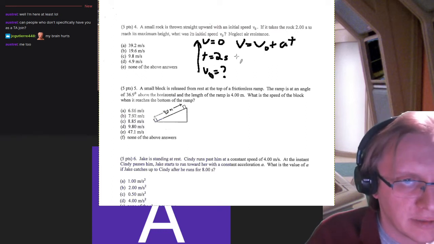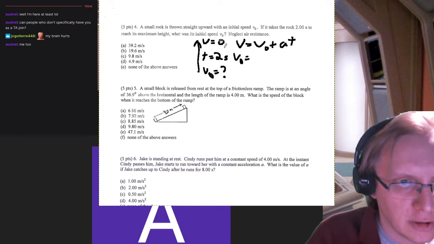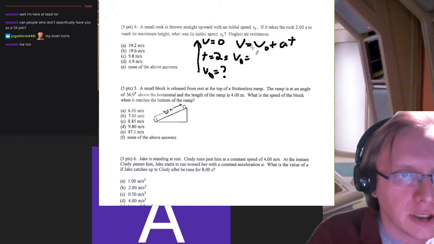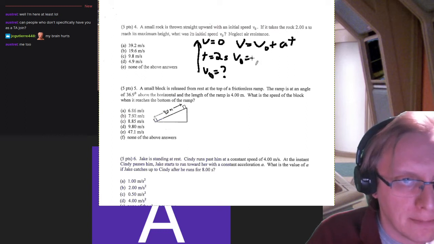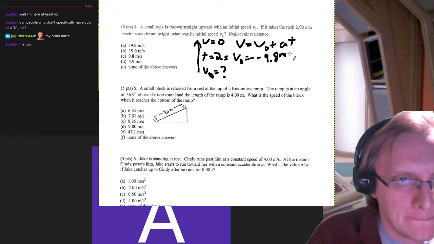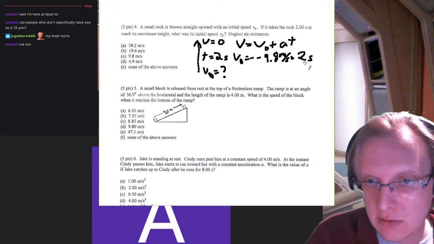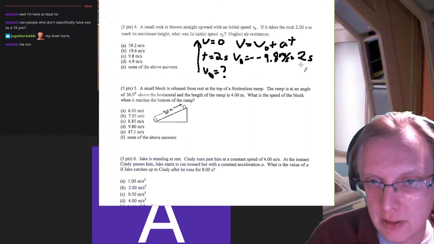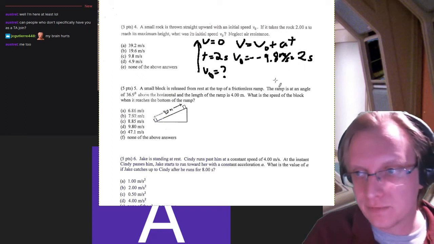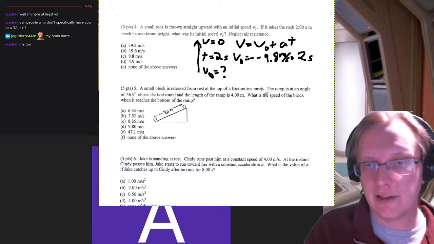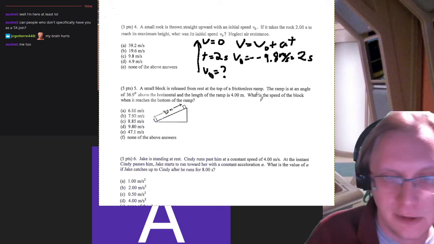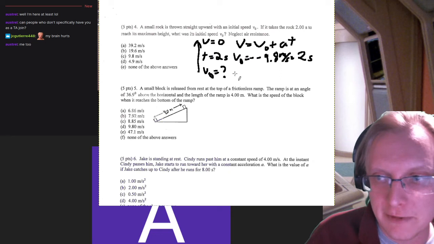Solve that for v naught. v naught is equal to v of 0, and gravity is pointing downwards, so minus 9.8 meters per second squared, and then t of 2 seconds. v final is 0 because it's reached maximum height. If it's not reached maximum height, then your v is not 0. You're either still going up or you've started to come back down.